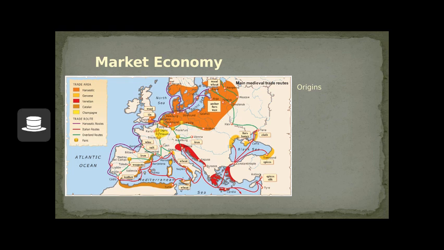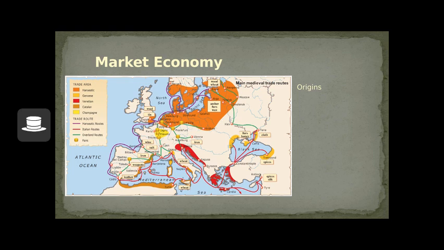Now, this whole time, I've been describing conditions of the Middle Ages, but these were the conditions only in Europe, which tended to be more backward than other places around the world. Certainly more backward than the Middle East, or India, or China.